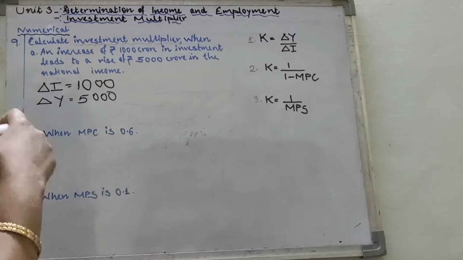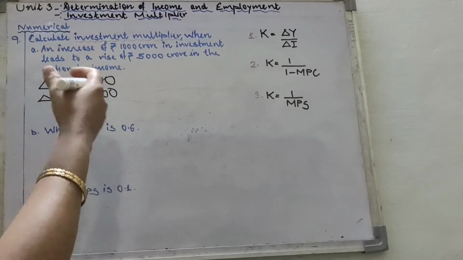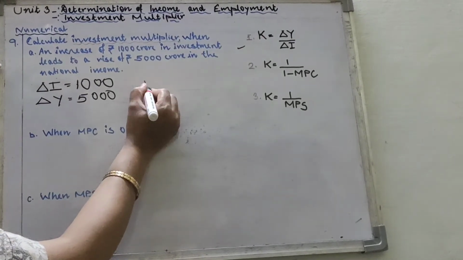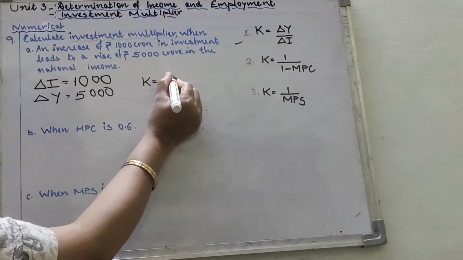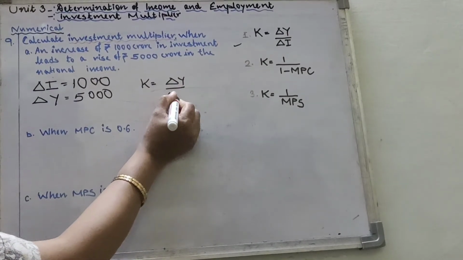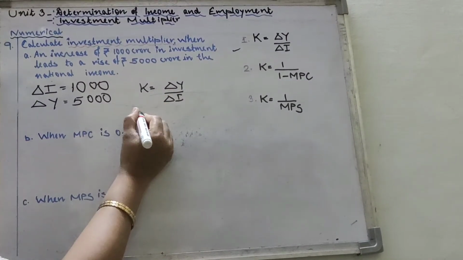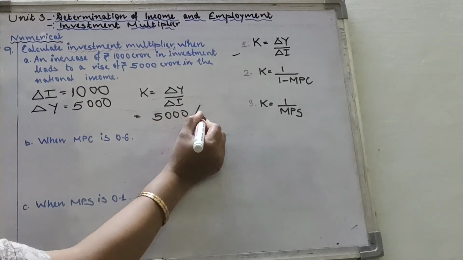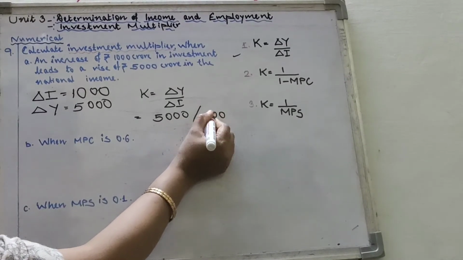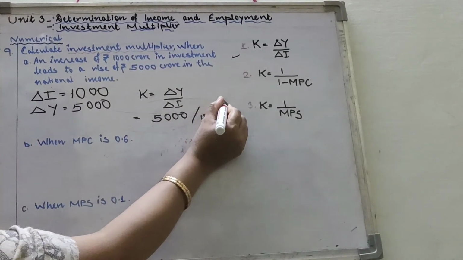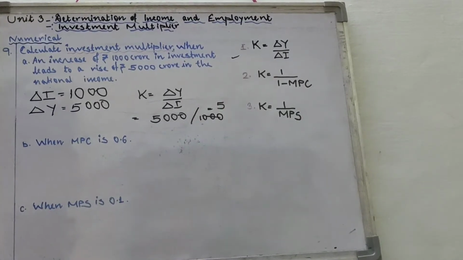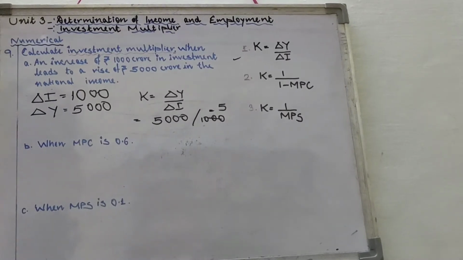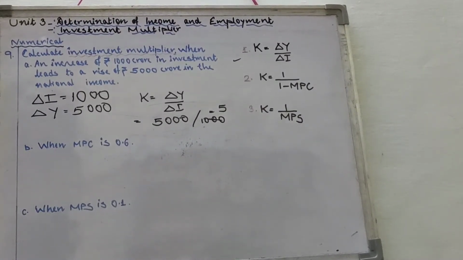So how many times is the investment being multiplied? हम कैसे निकालेंगे? We will use the first formula, K is equal to delta Y by delta I. What is delta Y here? 5000 divided by 1000. So K is nothing but 5. That is, the investment is multiplied by 5 and we got the change in income of 5000.